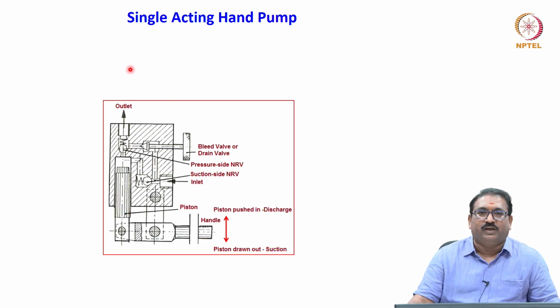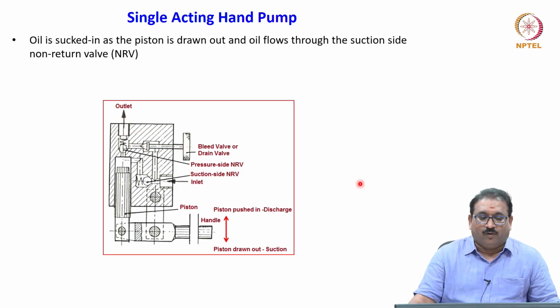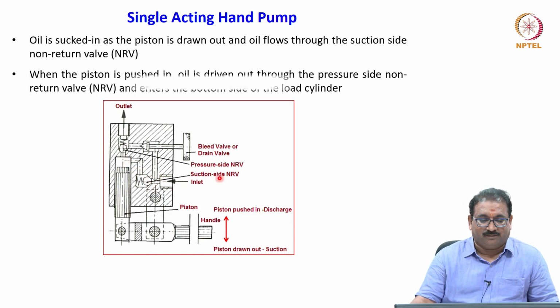To release the load, there is a manual arrangement, the bleed valve. If you open this bleed valve, the flow will directly go to the tank. Okay. So, oil is sucked as the piston is drawn out, and oil flows through the suction side non-return valve, the suction side NRV.